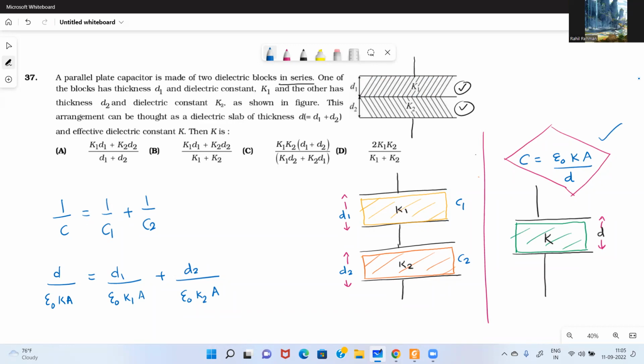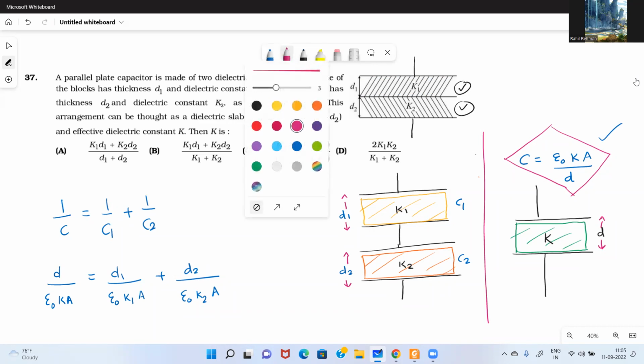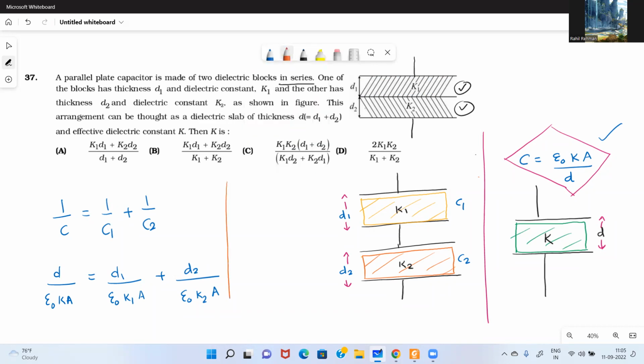So now what I can do is take epsilon naught A and cancel it. Absolutely, we can take out epsilon naught common on the left hand side and right hand side and cancel it, correct? Do you agree? Yes, sir.